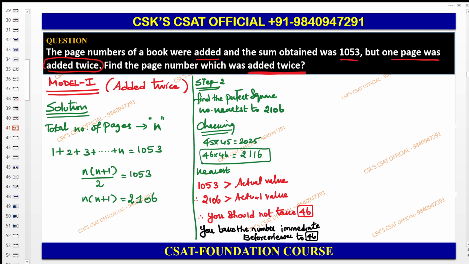So which is the immediate lesser number to 46? 45. Very good. That's it.